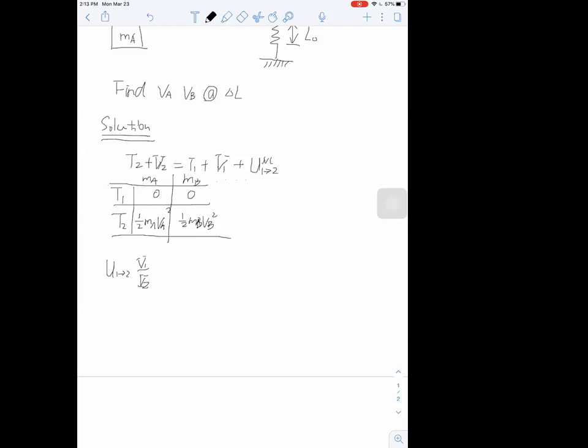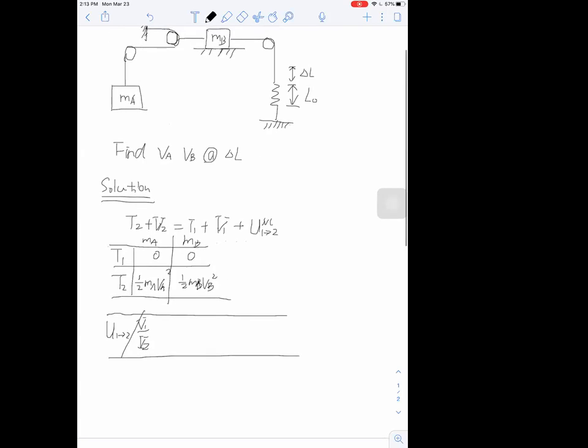Okay, so this is two different ways to write either potential energy or work. And you can also create a table for this, but in this table, you would need to consider all the forces in your system. And in order to do that, you need to have a free body diagram for the system. So let's look at this system.